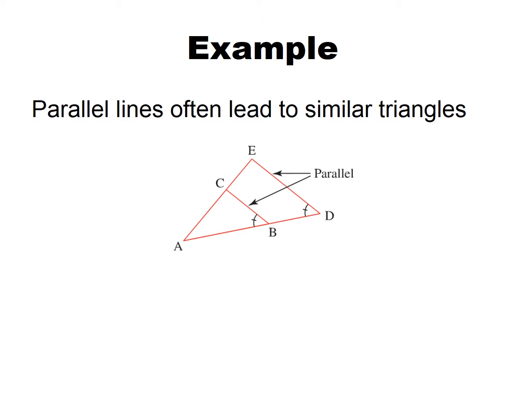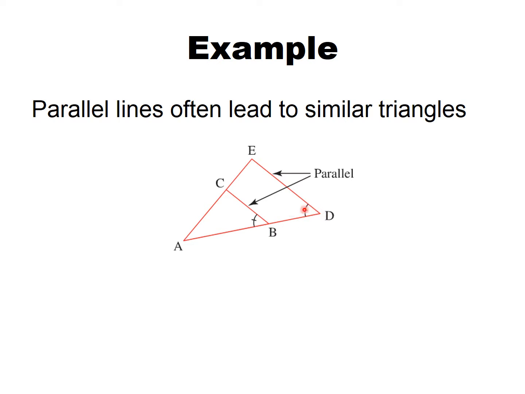Here's another example. Let's say we've got this line and this line that are parallel. We're going to cut those with a couple of other lines to form a small triangle ABC and a large triangle ADE. In those triangles, obviously they share this angle right here in common.